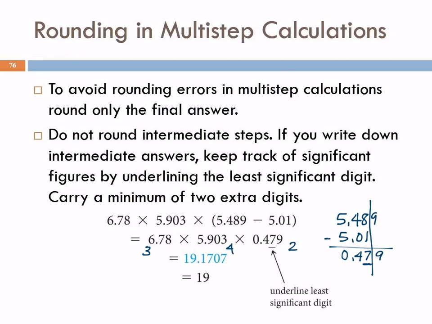And then we would round it off and say it's 0.48. And that would have two significant figures. We're not going to round it, though. We're just going to underline this so we know it has two sig figs, and we're going to let those extra digits trail along and round them off at the end. Any other questions?